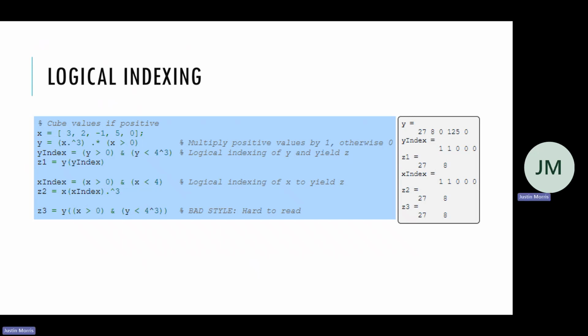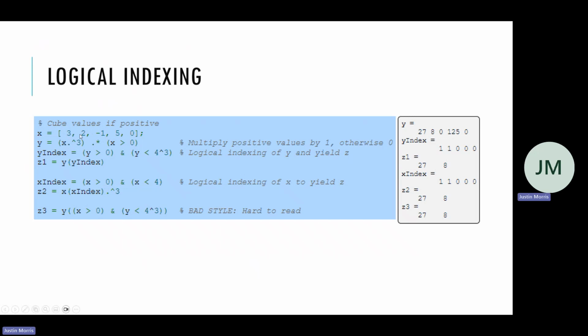Yeah, 1 or 0, it's 1 when it's positive, yes. And then we element-wise multiply this with this, right? So this is going to get the third power of all of these elements.